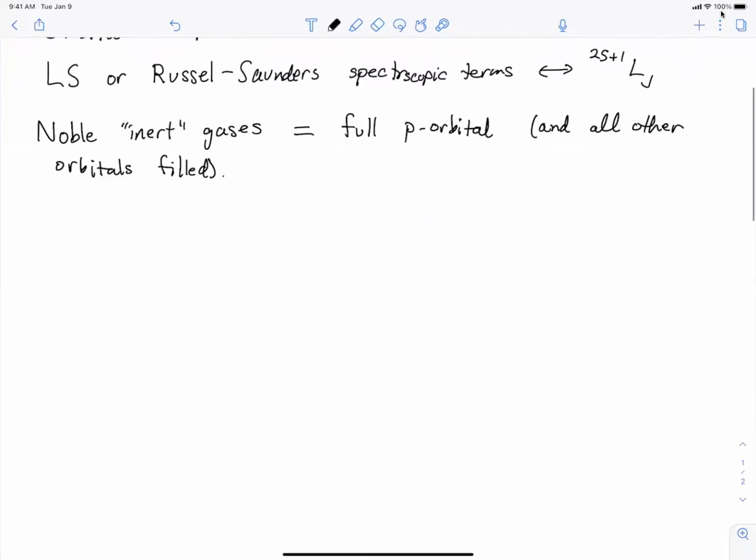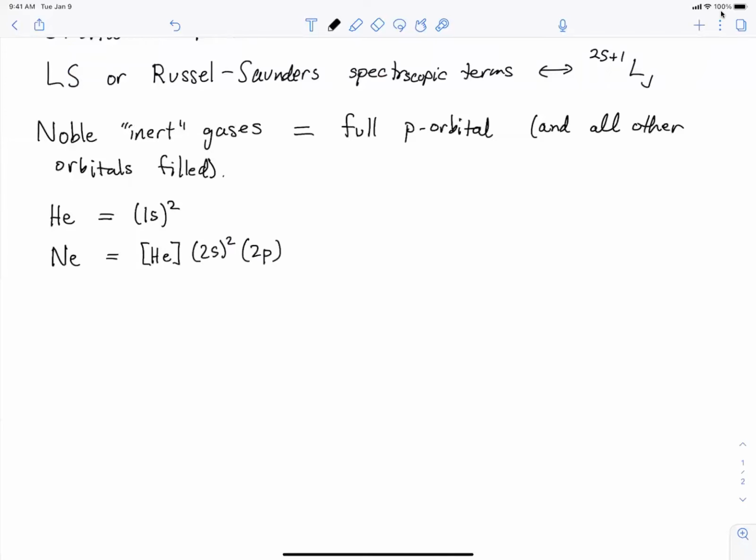Okay, and so if we make a list of those, there's helium. Helium doesn't actually have any p orbitals filled at all. So that's 1s squared. And then neon is what you get when you take the helium configuration. We often put that in square brackets to indicate that all of those are filled, plus a 2s squared, and then a 2p.